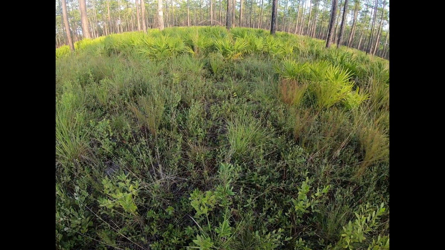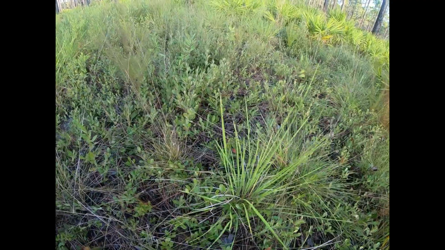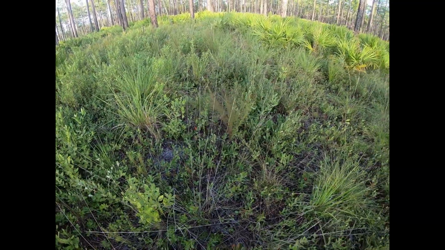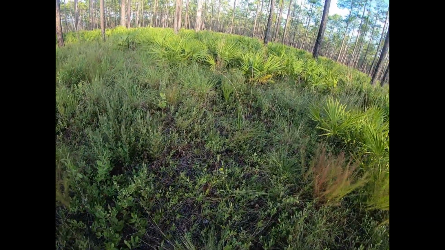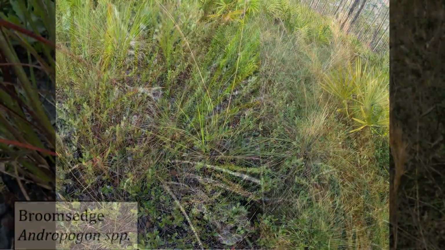Some of the things that we're seeing right now: we have some Indian lopsided grass, we have some dropseed, we have some Andropogon, broomsedge.